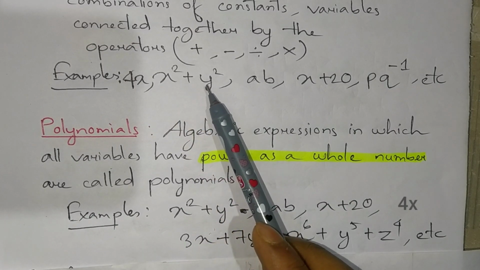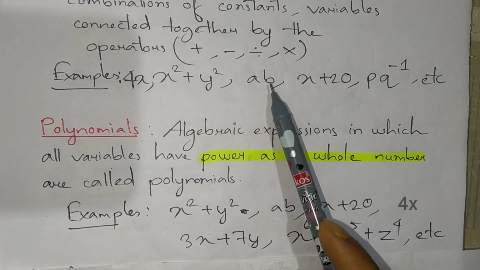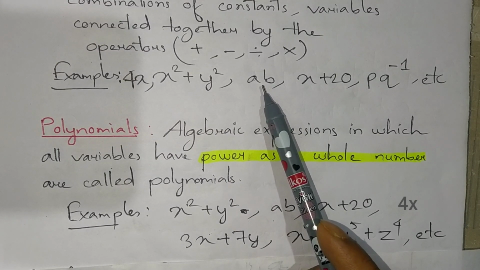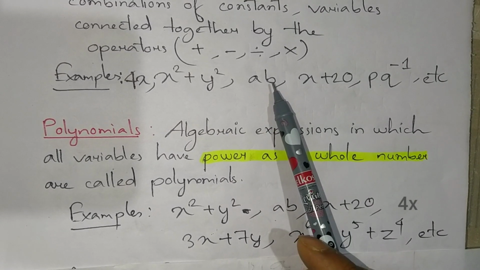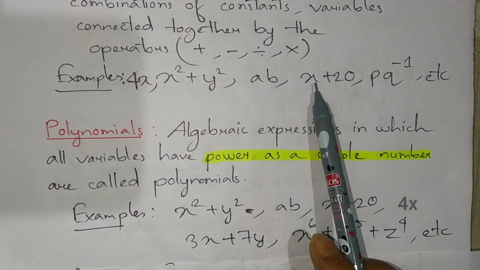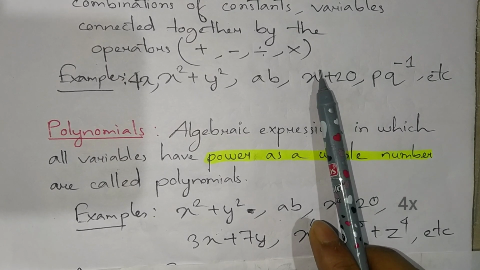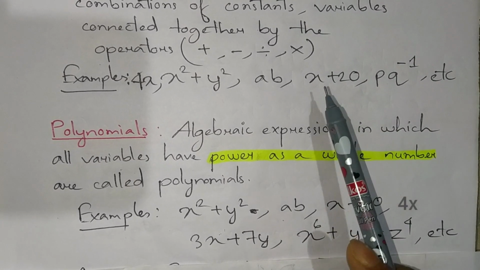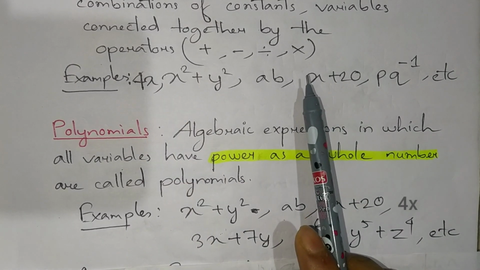Also the power of the variable y is 2. In the expression ab, the powers of the variables a and b are the same, that is 1, and 1 is a whole number. Also in this example, the power of the variable x is 1. So it will be a polynomial. So all these four expressions are polynomials.